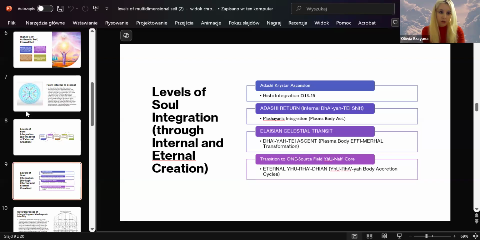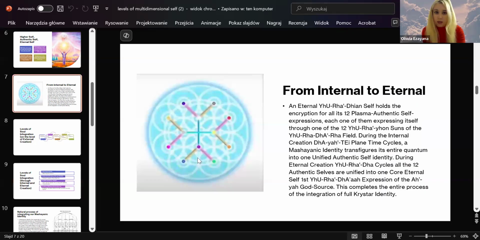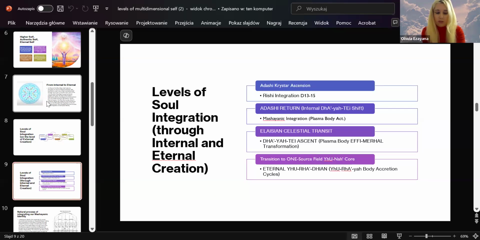Then this ephemeral rainbow body gets in touch with the structure of the Yura-Deira field of the 12 suns. And then this ephemeral rainbow self can reconnect with the entire structure of the Yura-Deira field, meaning also with its eternal self. So that's how it works.